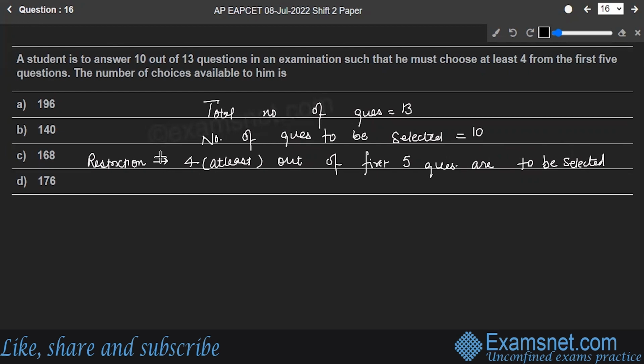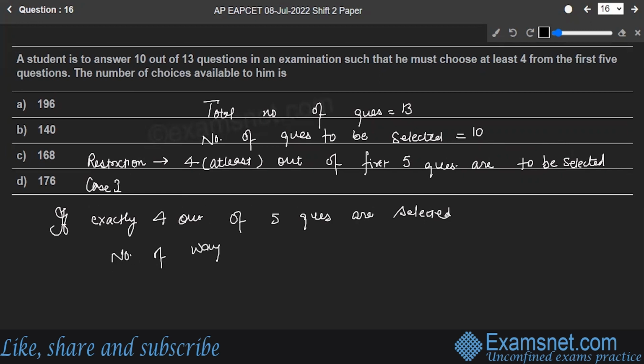First case is if exactly 4 out of 5 questions are selected. Number of ways for that will be given by 5C4, which is equal to 5.